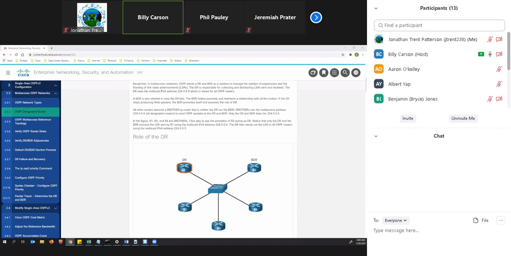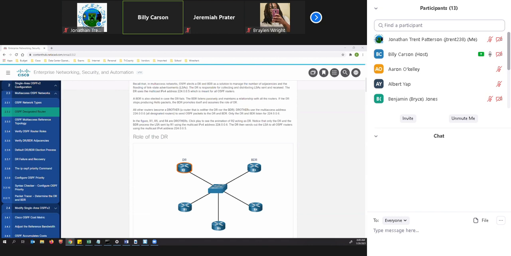It looks at that priority first. Remember, priorities go from 0 to 255. By default, what are they? 1. Exactly. All routers by default have an OSPF priority of 1.